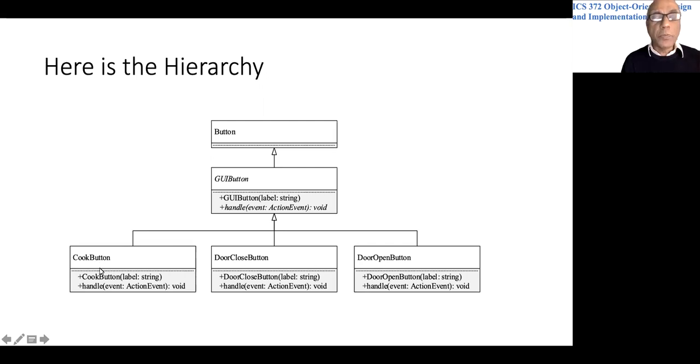And each button can handle clicks on itself. So the cook button has a handle method, the door close button has a handle method, the door open button has a handle method, and the handle method is abstract in the GUI button, but overridden in the subclasses. So when the cook button is pressed, the cook button knows about it and generates an event, calls the appropriate methods and so on. That is the plan.